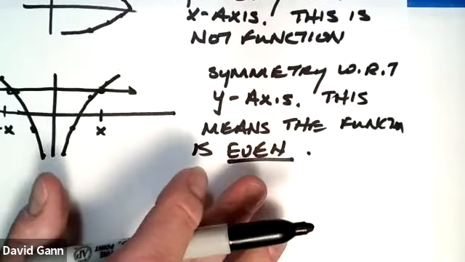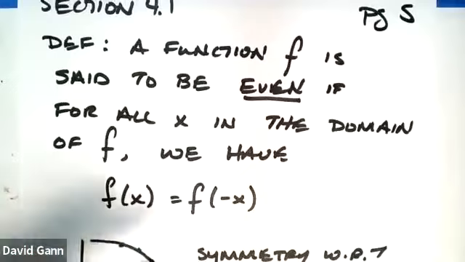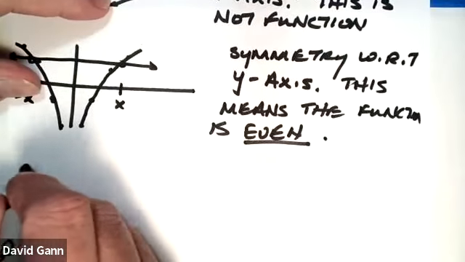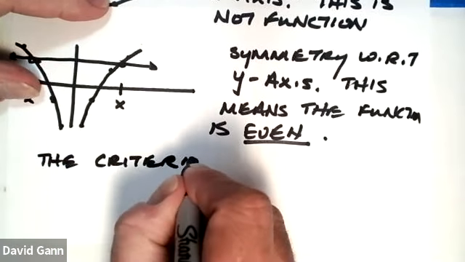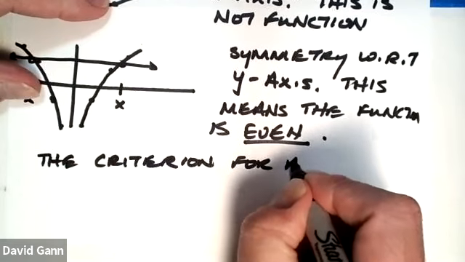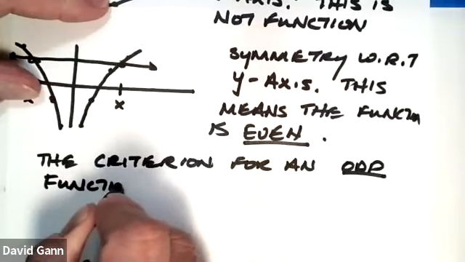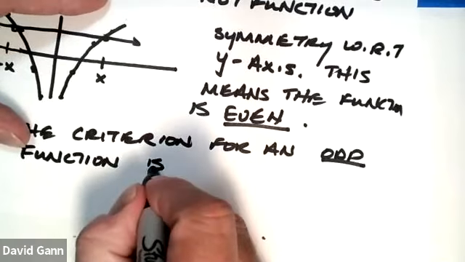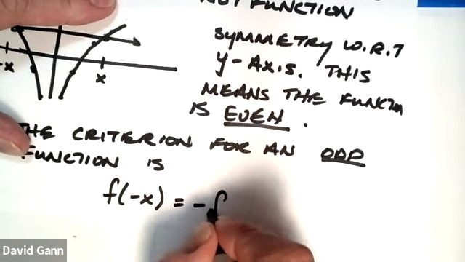Now, I'm going to hold off just a second and define, if there is an even function, there's probably an odd function. Without writing all of that again, I'm going to say the criterion for an odd function is that f of negative x is equal to negative f of x.